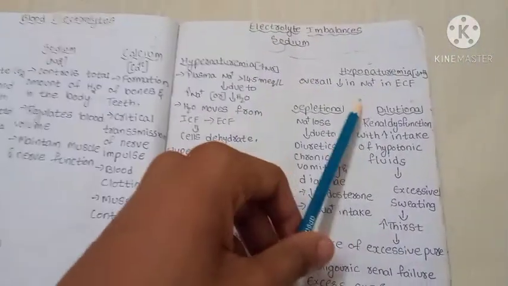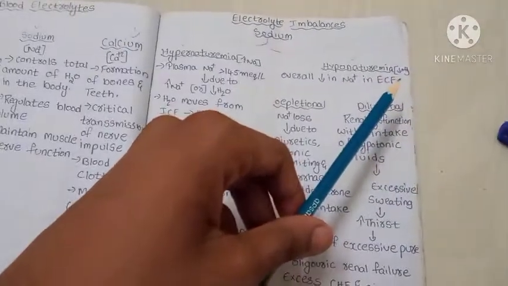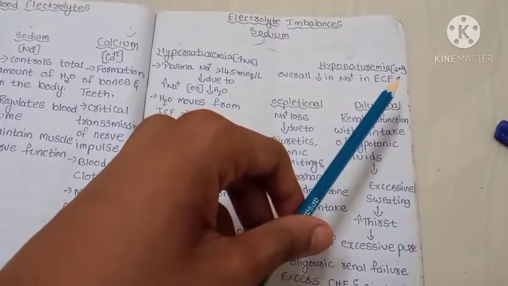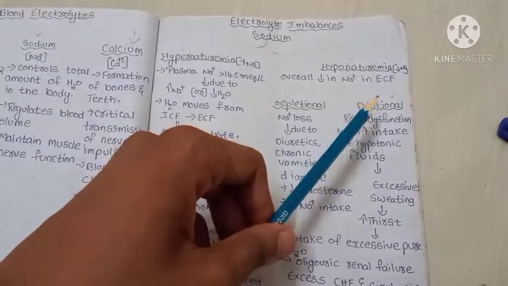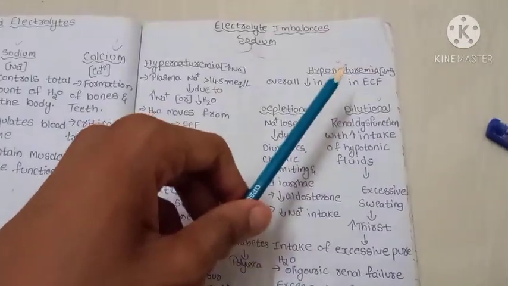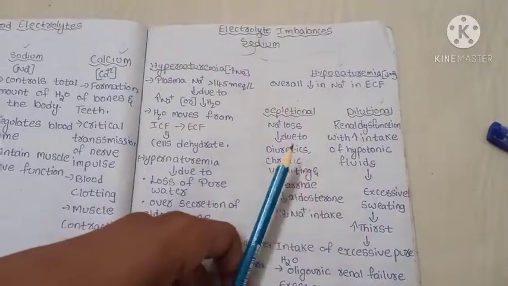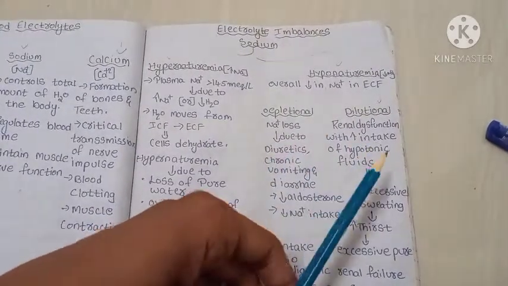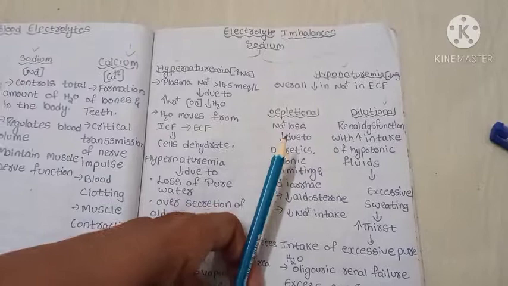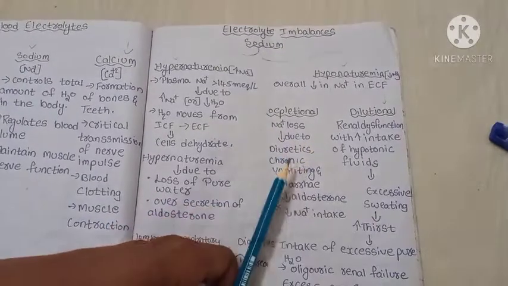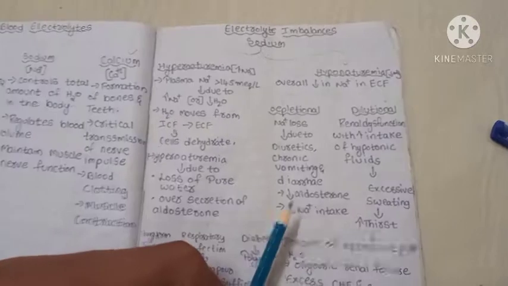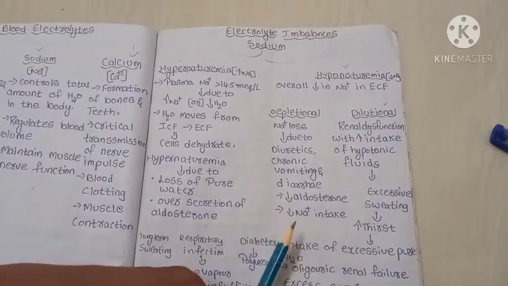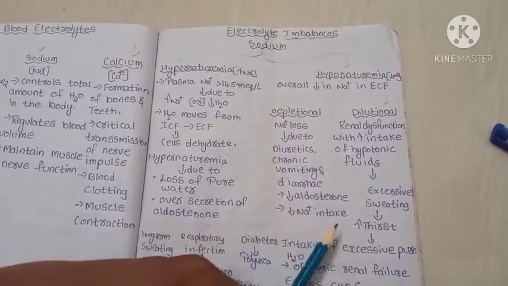Now we will see hyponatremia, that is decreased level of sodium electrolyte. Overall decrease in the sodium in extracellular fluid leads to hyponatremia. It is depletional and dilutional. According to depletional, sodium loss is due to diuretics, chronic vomiting and diarrhea, decreased aldosterone, and decreased sodium intake.